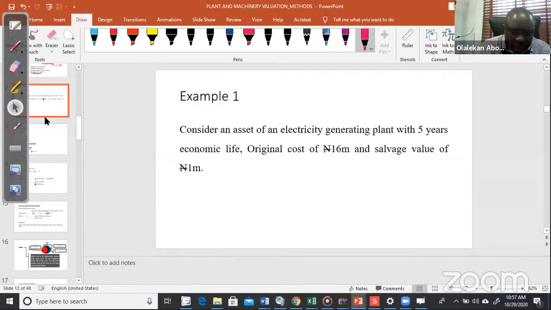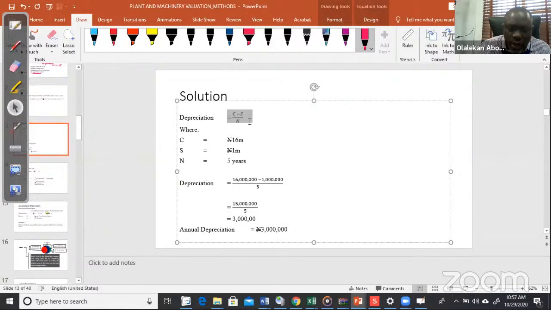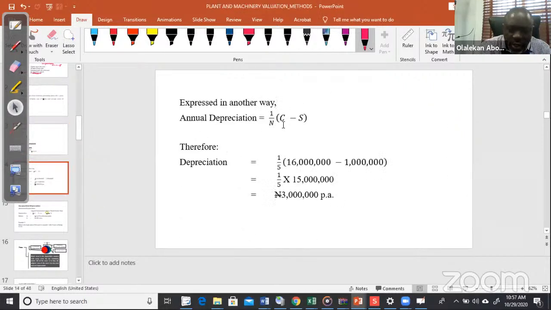We started from here. We stated the formula here. This formula is about annual depreciation, and that gave us 3 million. Then we worked it out in another way, where we use annual depreciation rate multiplied by depreciable sum. It's the same formula.